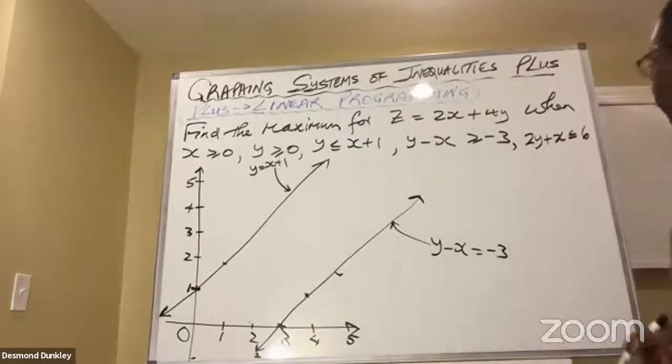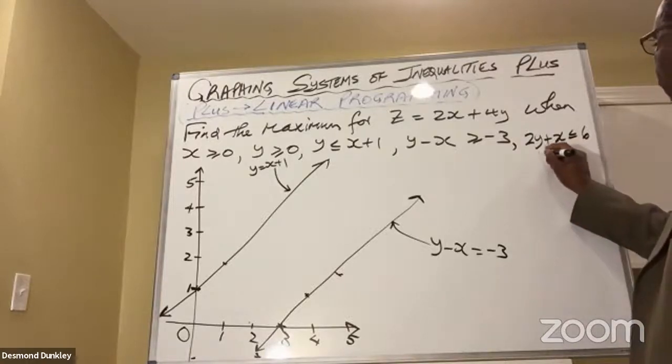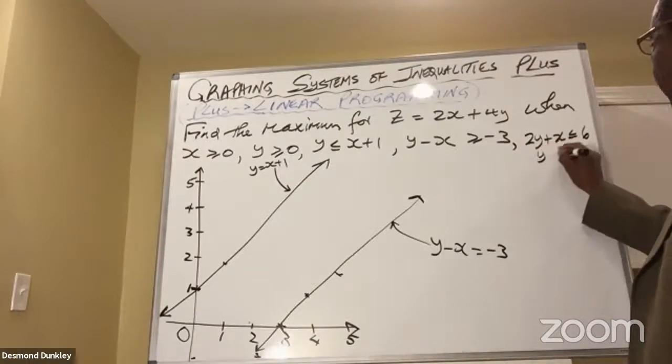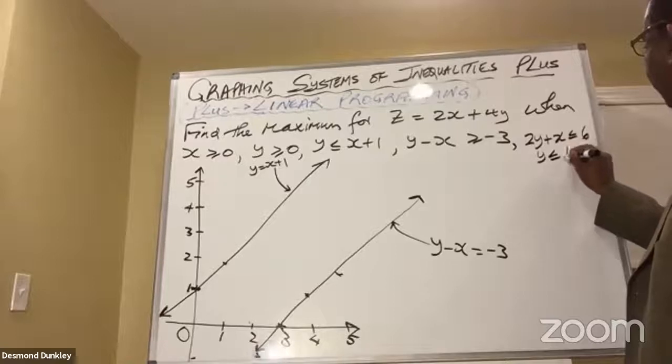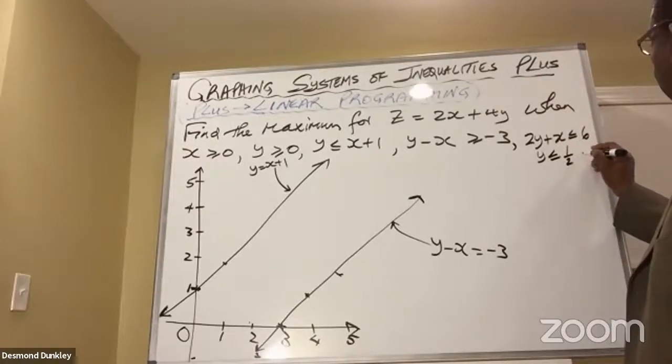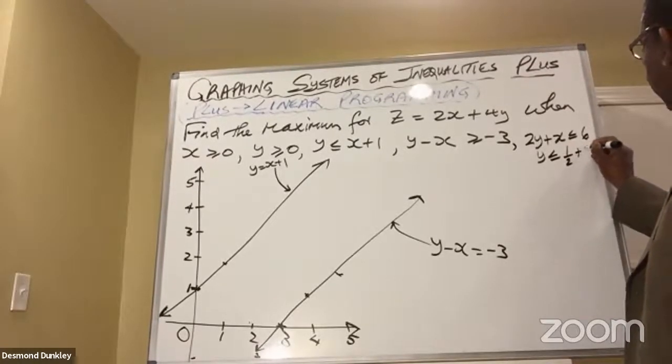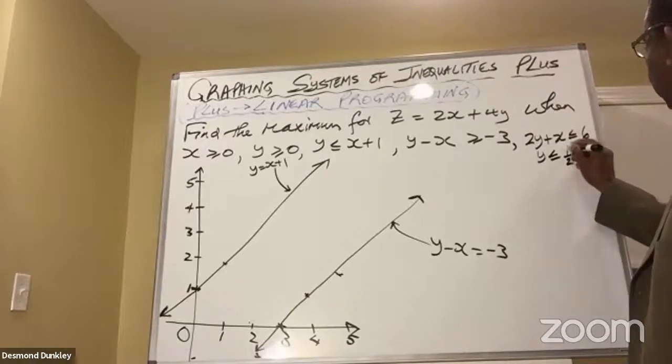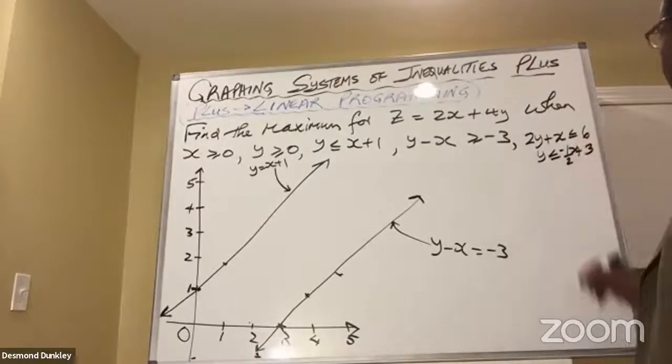Let's try that. So then in this case, we now end up with y is less than or equal to negative a half x plus 3.